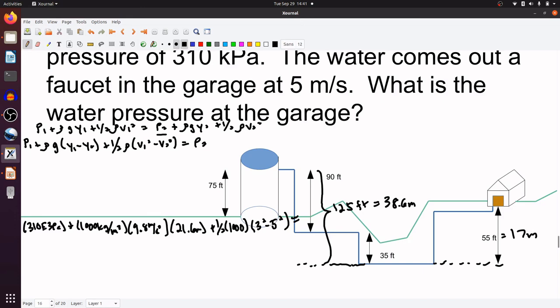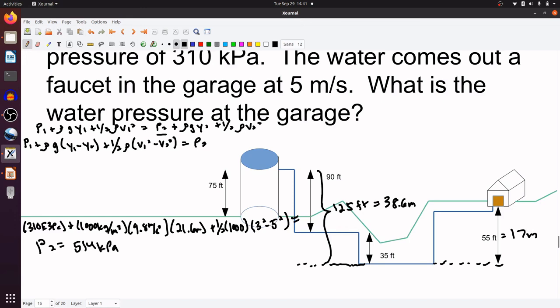And then we're going to add that value to 310E3. And that gives me a much larger value. And that's 513, let's say 514 kPa.